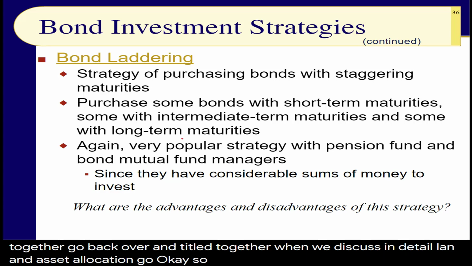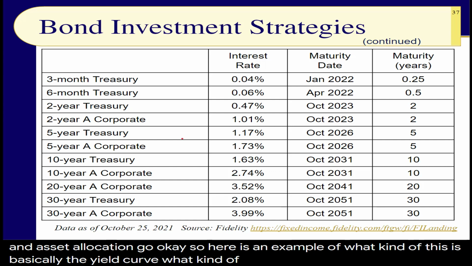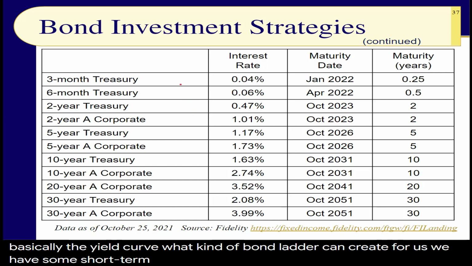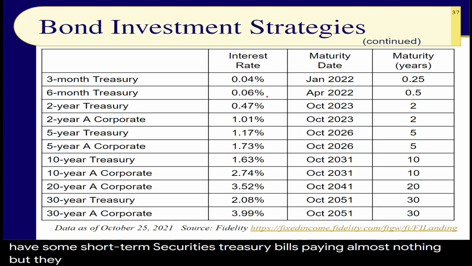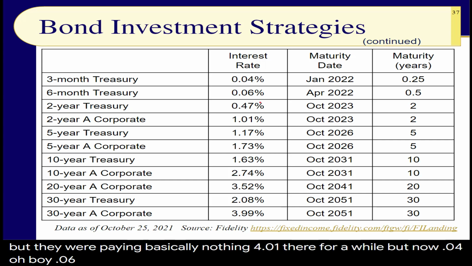Okay, so here is an example of what kind of bond ladder, basically the yield curve, can create for us. We have some short-term securities, treasury bills, paying almost nothing, basically 0.01 for a while, but now 0.04, oh boy, 0.06, 2 years, not much better.